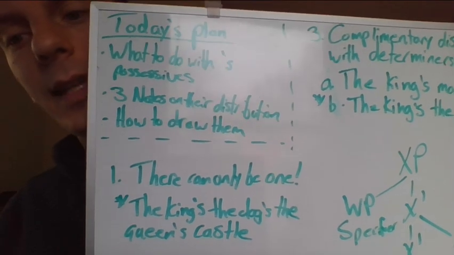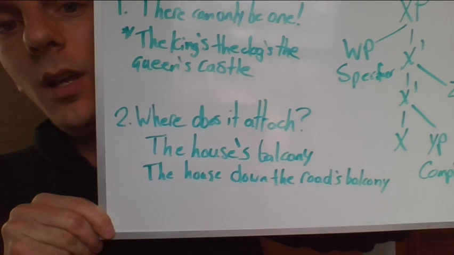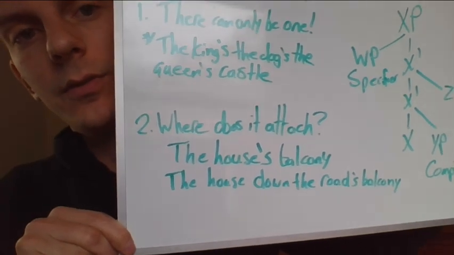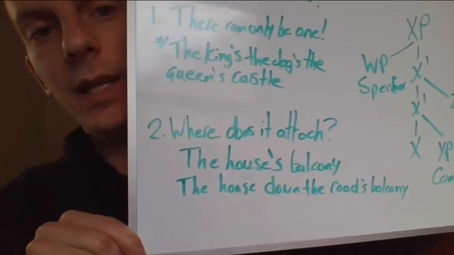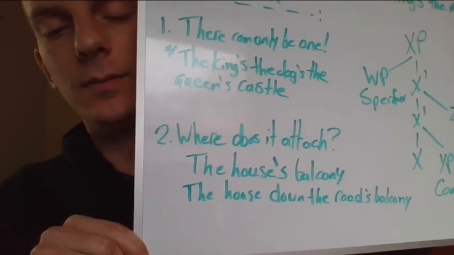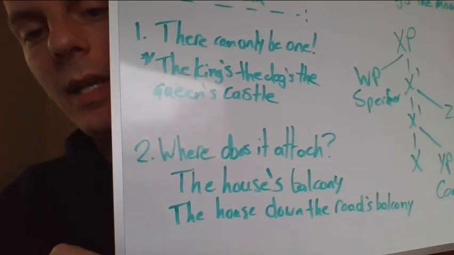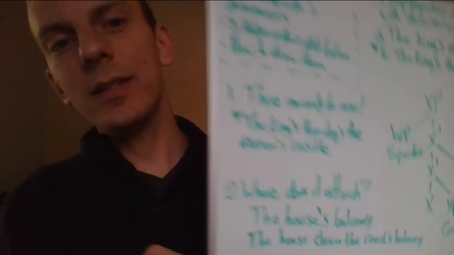Okay, our second observation here is the question, where does it attach? Where does the apostrophe S, specifically the apostrophe S, attach in a tree? And here we have some observations that we can make as well. It appears, sort of our default knowledge about these apostrophe S's, think about orthography. I don't often ask you to think about orthography, but I will right now.